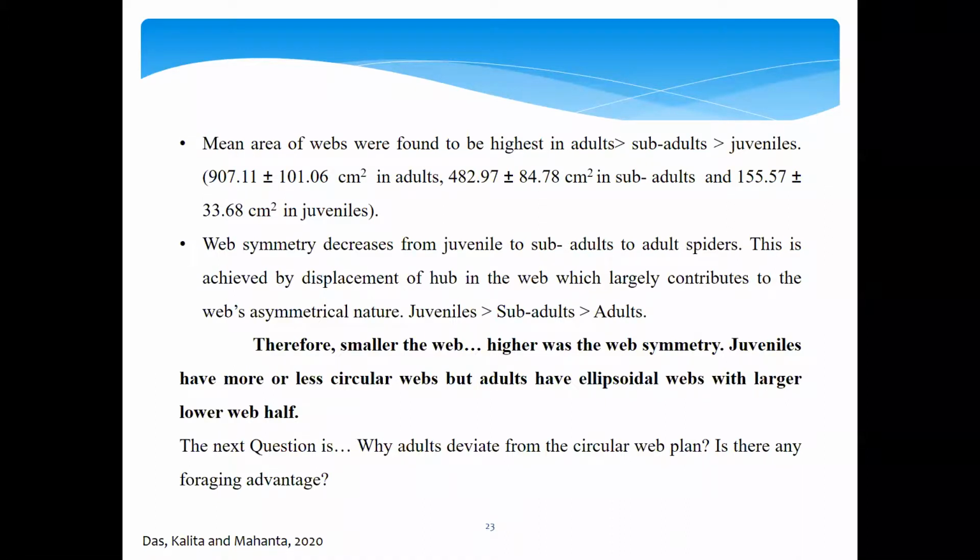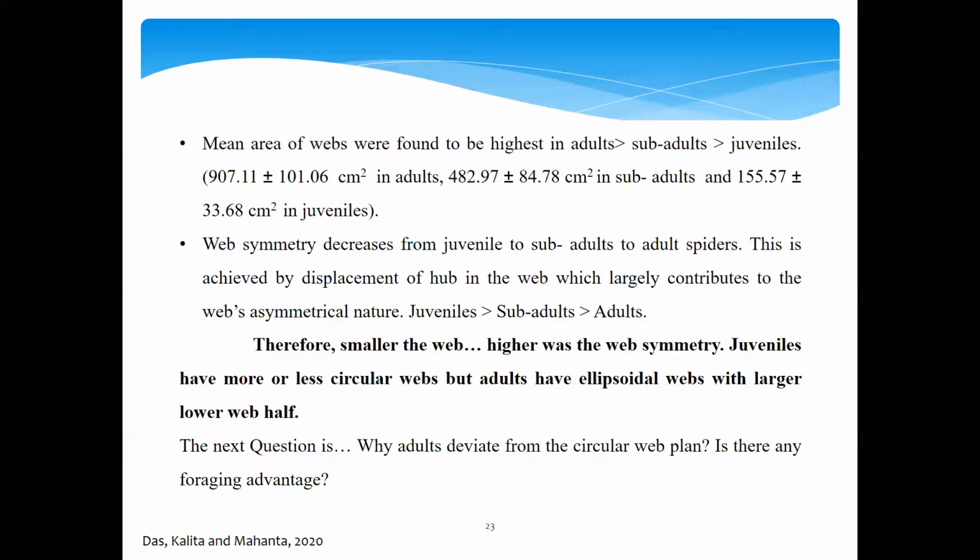So juveniles will have more symmetrical webs, whereas adults will have more asymmetrical webs. Therefore, we can infer that the smaller the web, the higher the web symmetry. Juveniles will have more or less circular webs, but adults will have ellipsoidal webs with a larger lower web half in the case of Argiope pulchella.